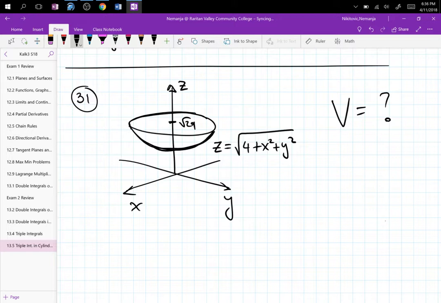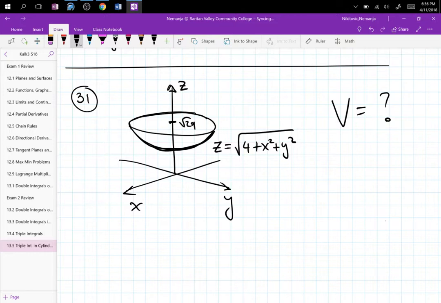Well, I'm going to start by first noticing that the object is round. And if the object is round, it's either going to be cylindrical coordinates or spherical coordinates. I do not have a part of a sphere here. Even though this looks like it's half a sphere or something, it's still a paraboloid, okay? Is it a sphere?